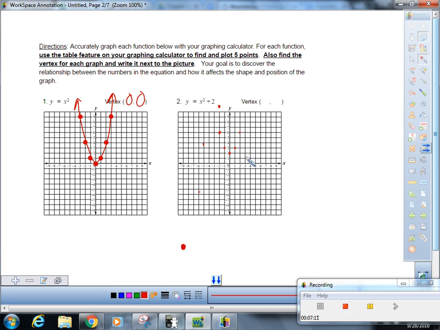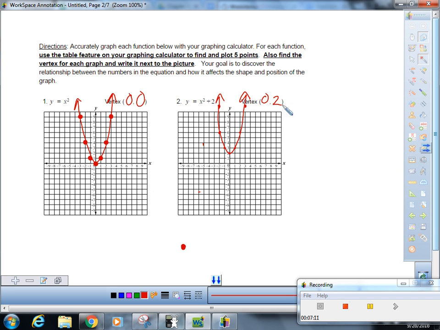The rest of them are symmetric. And so there we've seen that the +2 moved our vertex up to what? 0, 2. Okay? So far so good?